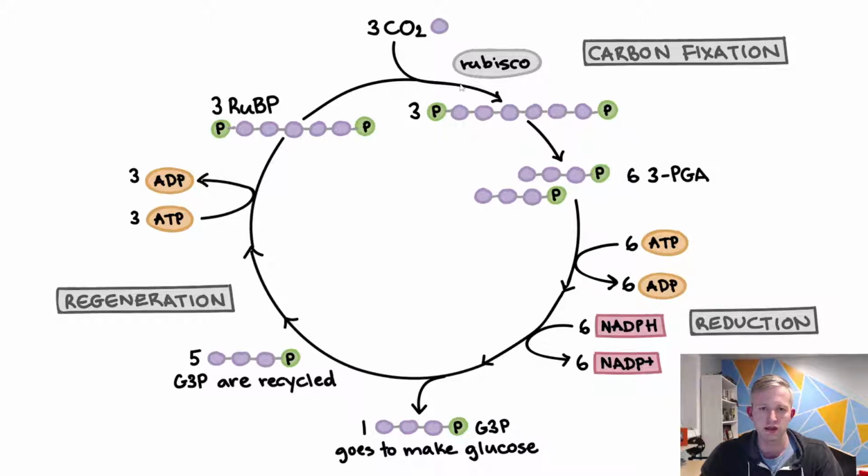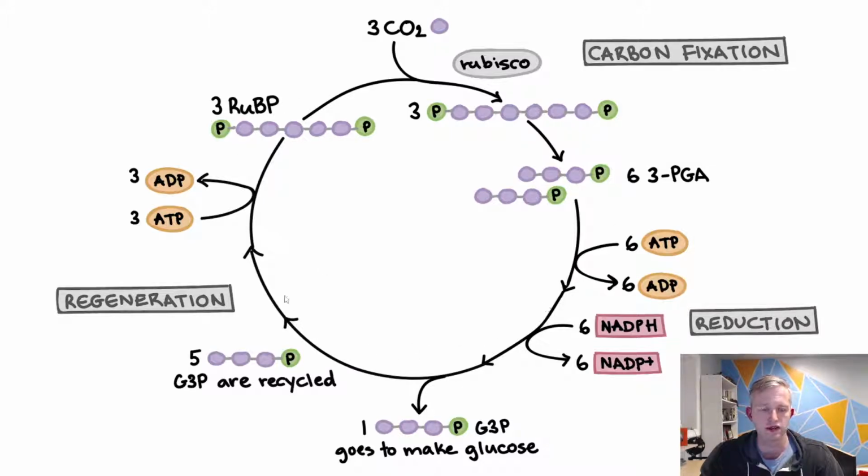And ultimately, through the chemical reactions, some of which are requiring energy and are phosphorylating things, you see little phosphate groups being added and removed in various places. Ultimately, we are producing a net gain of one G3P molecule. And remember that two of those will add up to a glucose being produced.